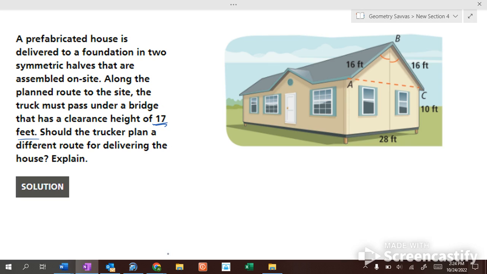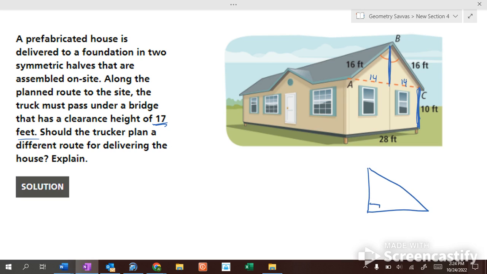Well, if it's 10 feet here, how many feet is it here? Well, if it's 24 feet here, this is 14, and this is 14, because this is an isosceles triangle, so it's bisected at its midpoint. If I know two sides of a right triangle, how do I find the third side?